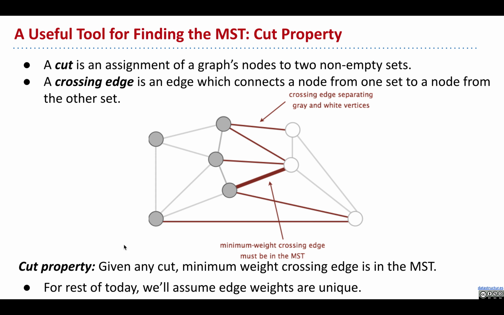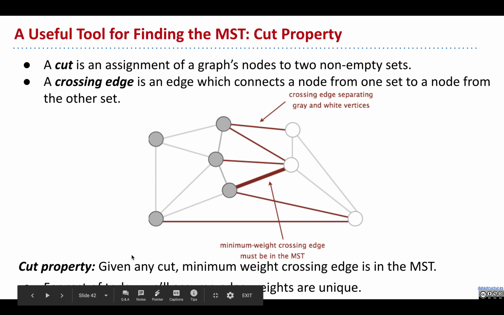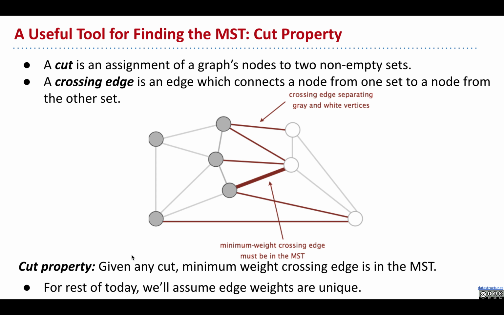All right. The cut property is what is listed down over here. Given any cut, the minimum crossing edge is said to be in the MST. We're not going to go over a super in-depth proof. We'll look at a really small one later on, but this is more like CS70, CS170 stuff. This is just an introduction to see why this idea even work. It's because of this cut property.